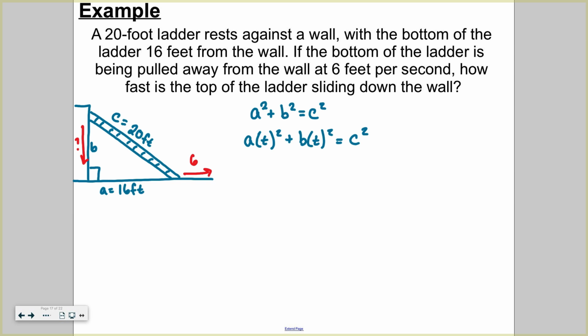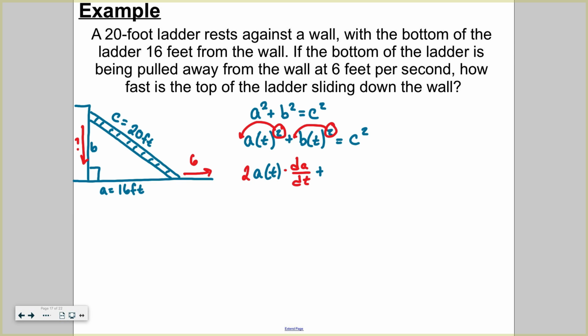Alright, so now we can take the derivative of both sides. We do need to use the power rule and the chain rule, so 2 times the front. This is going to be 2 times A of t times dA over dt, plus the same thing with B: power rule, move the 2 to the front, subtract 1 from the exponent.